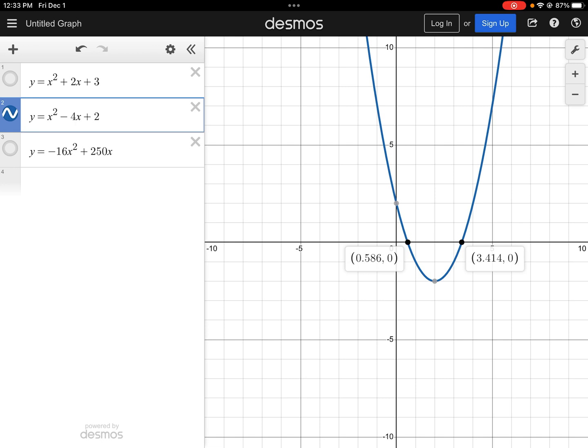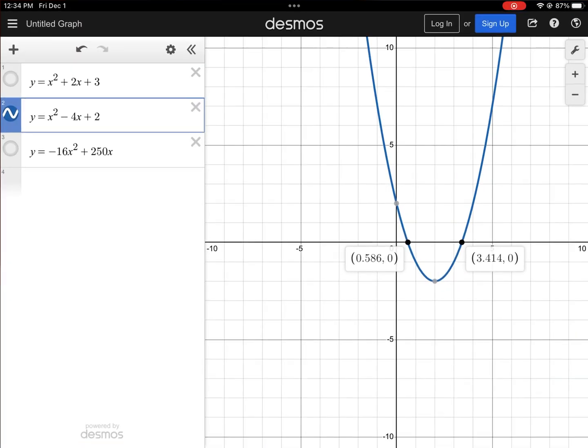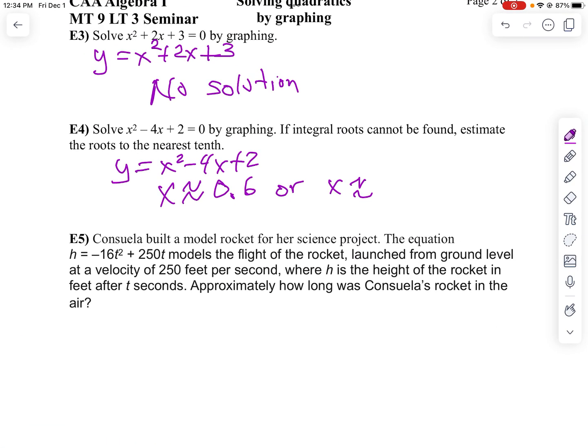So I'd say x is approximately 0.6, or x is about 3.4. And that's what you would do in that one.